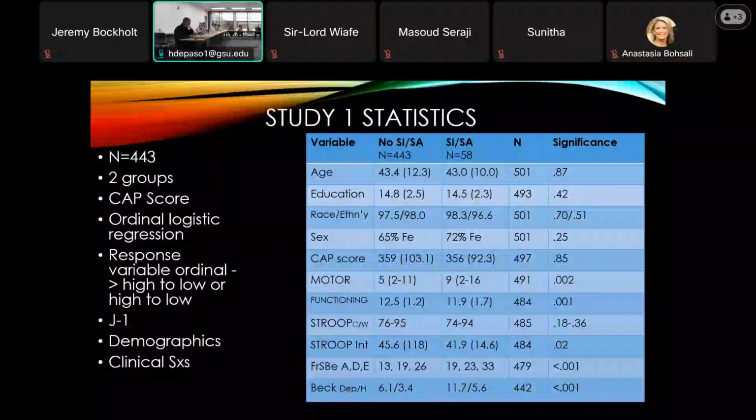So for the first study that we did with statistics, we looked at, as I previously discussed, the 443 people. We looked at two groups, mostly because we wanted to rule out the attempted people. We used something in HD called the CAP score, which is a way that clinicians use to monitor your disease burden in Huntington's disease.